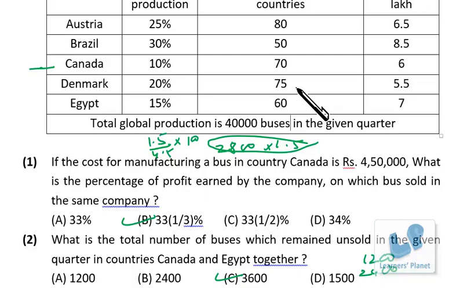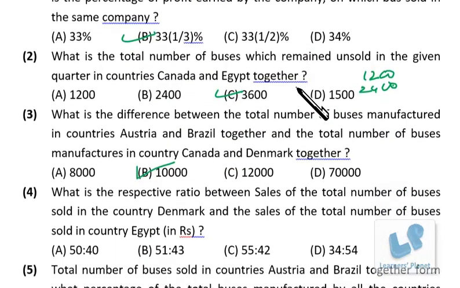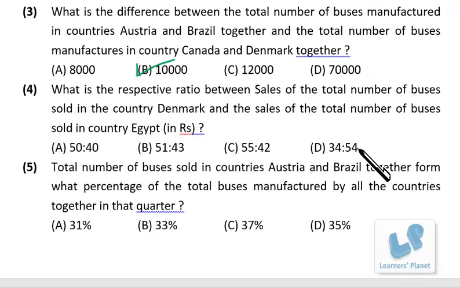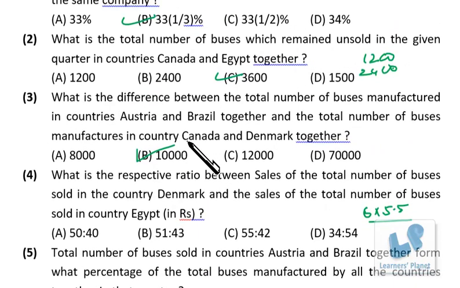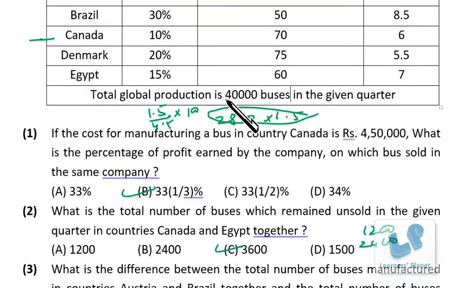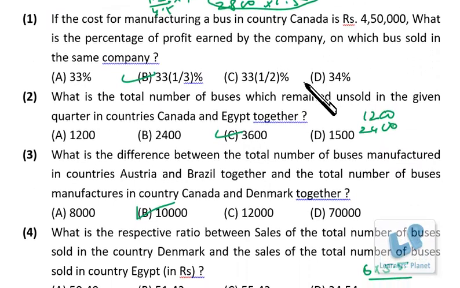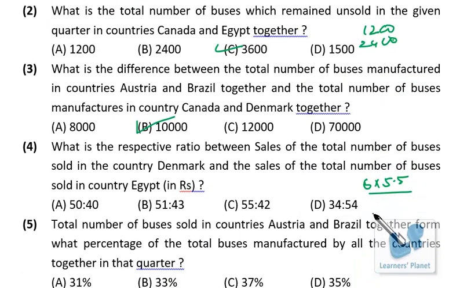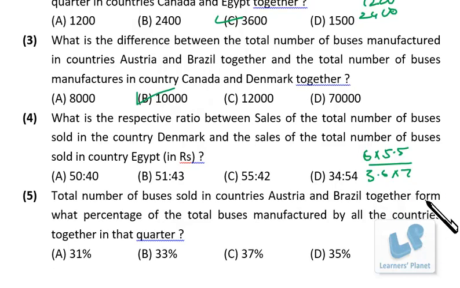So it's 6,000, 6,000 into 5.5, divided by Egypt. Egypt is 15%, that is 6,000, and 60% is 3,600 into 7. So just calculate it.